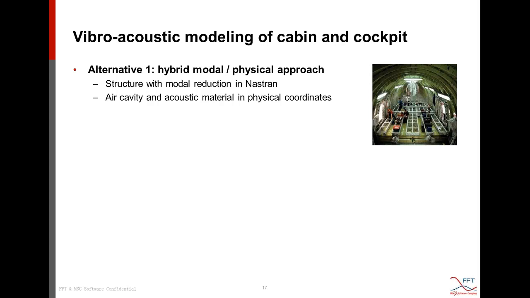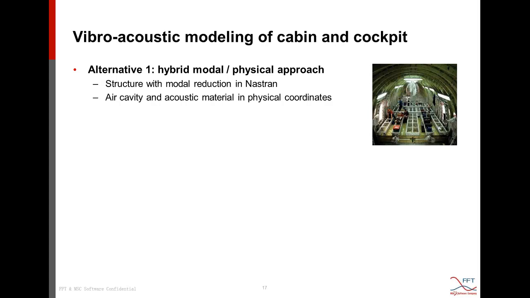Okay. Now, numerically, there are several methods to model the vibro-acoustic problem of the fuselage and the cabin cavity. The first alternative is a hybrid modal and physical approach. In this approach, the fuselage structure will be modeled in a modal representation, which means we will first run a modal reduction in Actran on the structure.